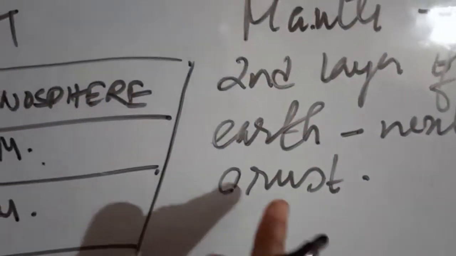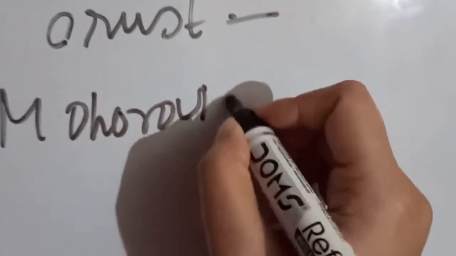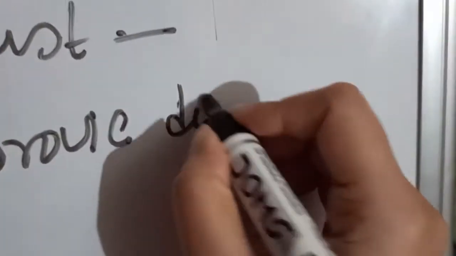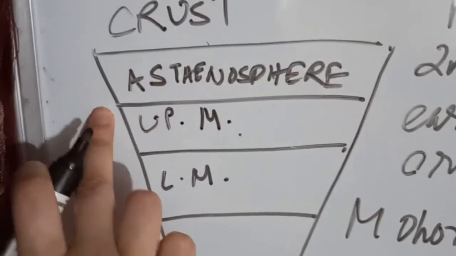The mantle and the crust are separated by a discontinuity. We call that discontinuity the Mohorovicic discontinuity. This is the discontinuity that separates the crust from the mantle.